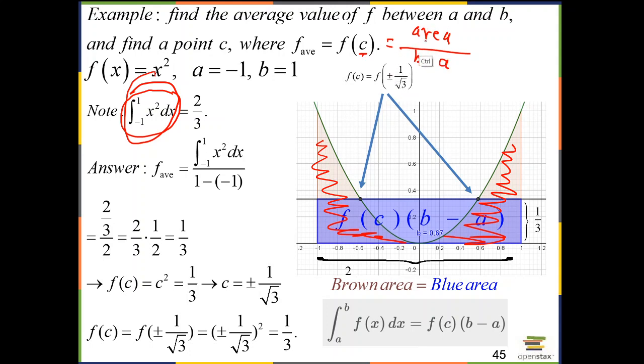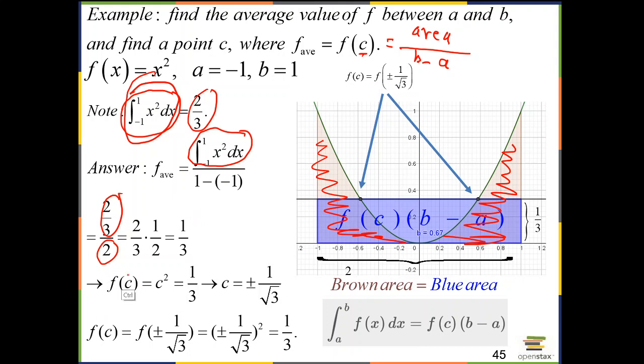Now, what is the area under the curve? Well, it is this right here, and we just talked about the fact that it is equal to 2/3, right? So that's 2/3, and then b is 1, 1 minus -1 is 2, so that's 2 in the denominator. So we need to find a c such that f of c equals this number, which is 1/3, right?